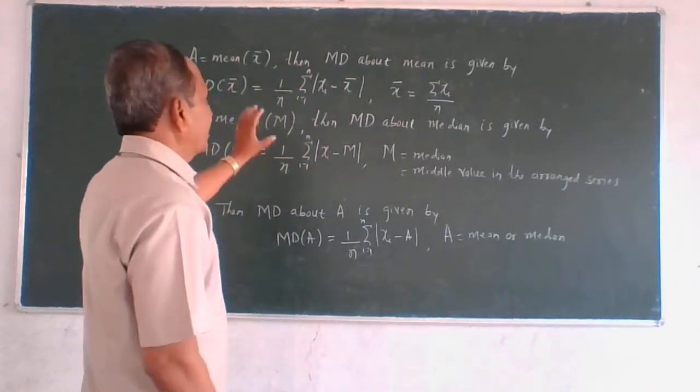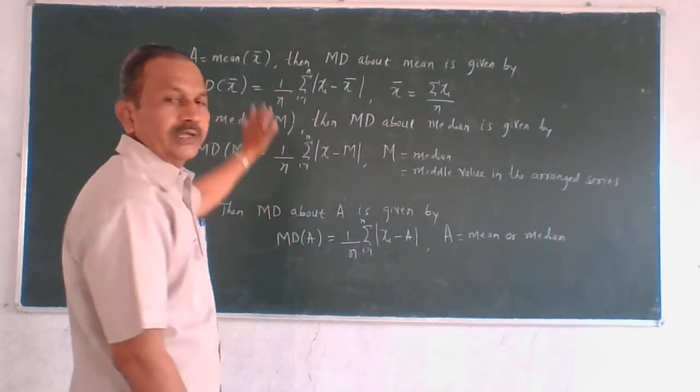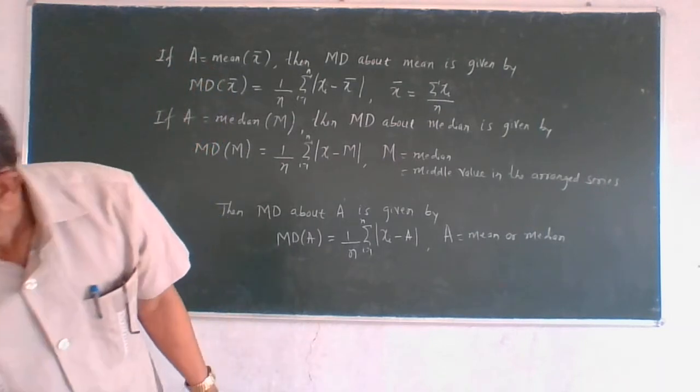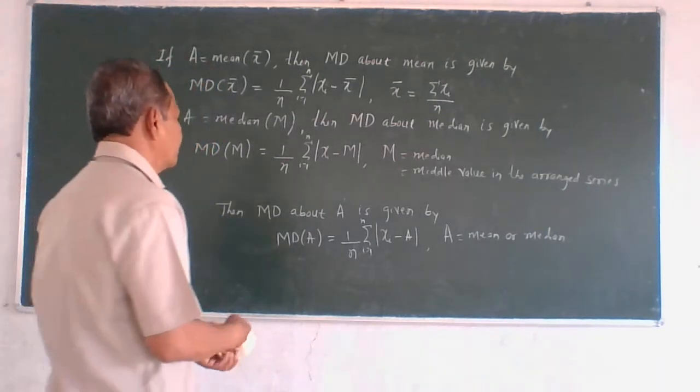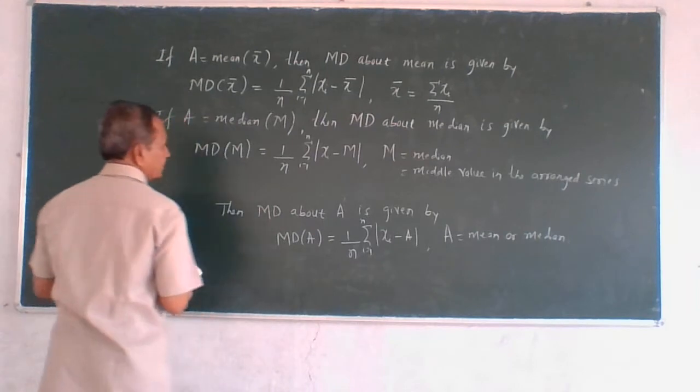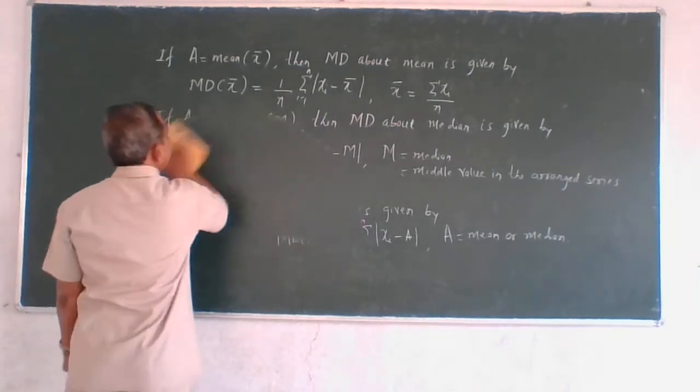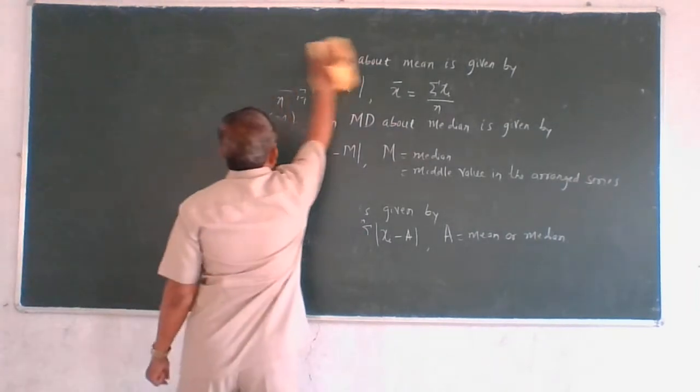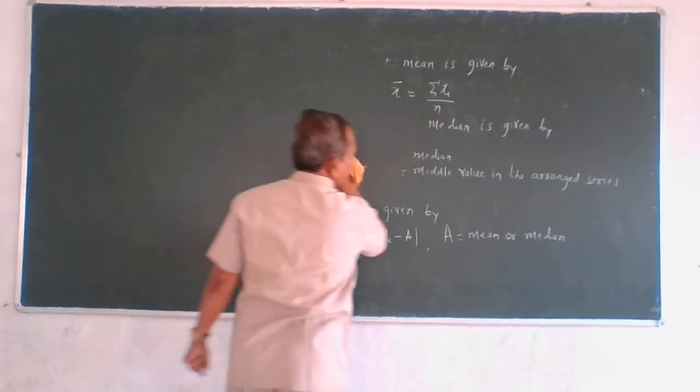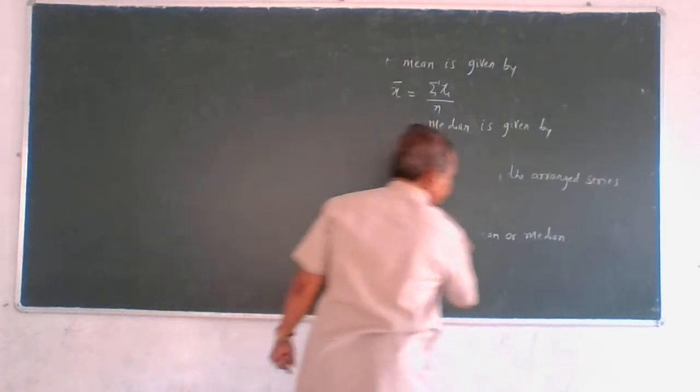So this is how to calculate. These are the formulae for calculation of mean deviation. Now let us see some examples on the calculation of mean deviation for ungrouped data.